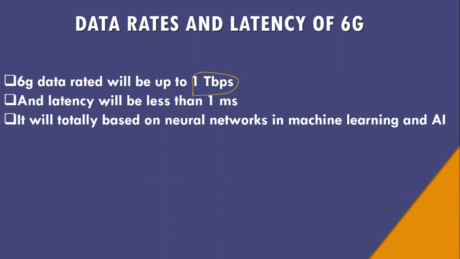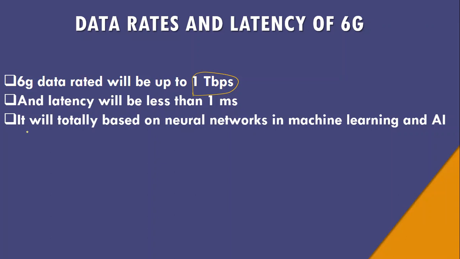Latency is nothing but a delay, that is, how much time a signal takes to go from the transmitter to the receiver. If the delay is small, then the speed is high. If the speed is high, the delay is low. So our delay must be less, in milliseconds.